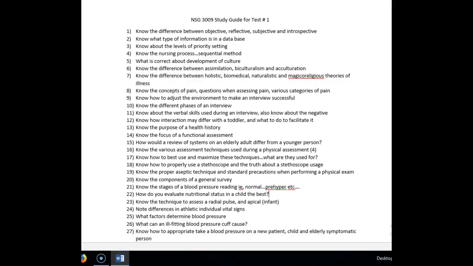So a general survey means general. You're going to look at physical appearance, body structure, mobility, and behavior. It doesn't say anything about vital signs. That's what I was saying to a lot of people when they were first coming in and doing their assessments: you're going to take a general survey, and that's how you can answer some of those questions when you're collecting your database.